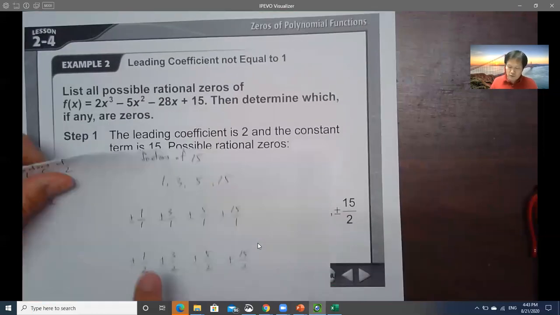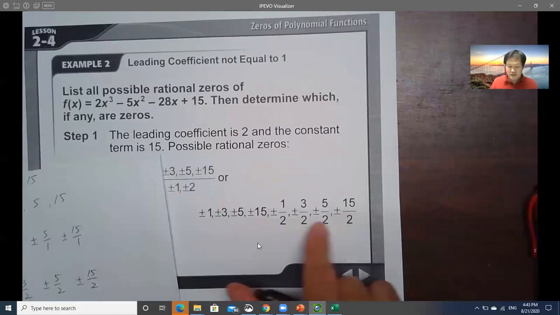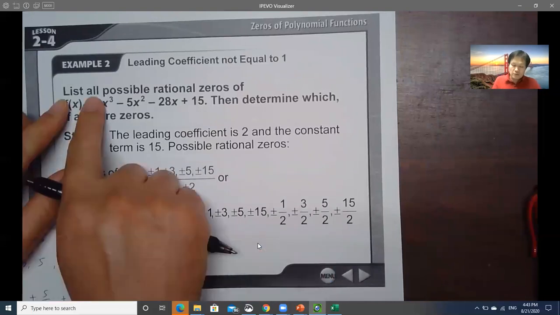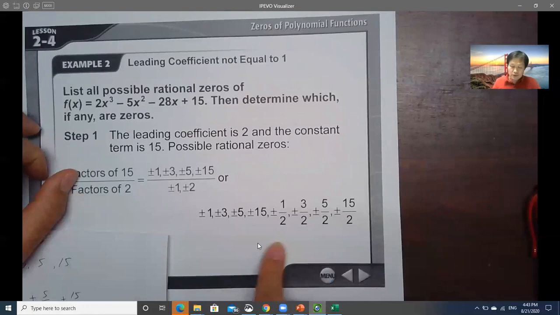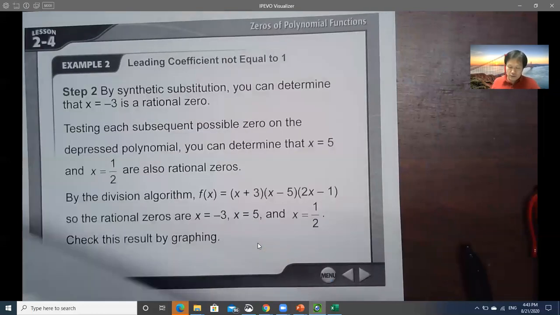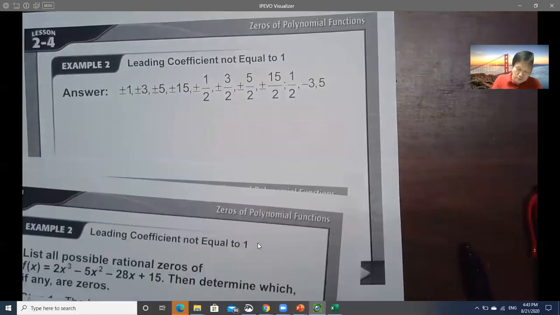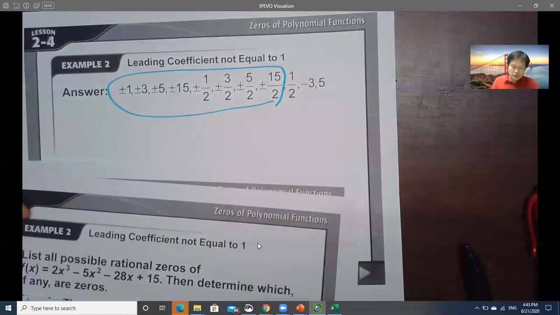So 1, 3, 5, 15, plus minus, 1 over 2, all that plus minus. We have 16. So make sure when I ask you for all possible rational zeros, I need this list. That is the answer for all possible rational zeros. Up to here is the whole answer for all possible rational zeros.